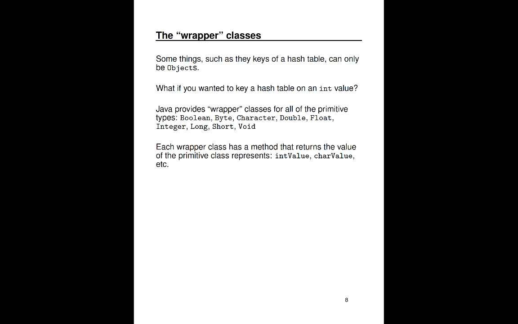So for instance, each wrapper class has methods that will convert the particular value that it represents to a different primitive type. So for instance, you might have an instance of capital D Double, and if you invoke the intValue method, it'll return the little i int for that double.